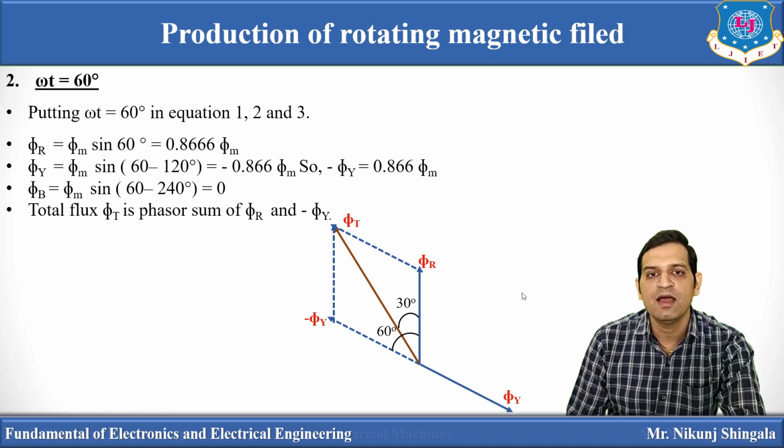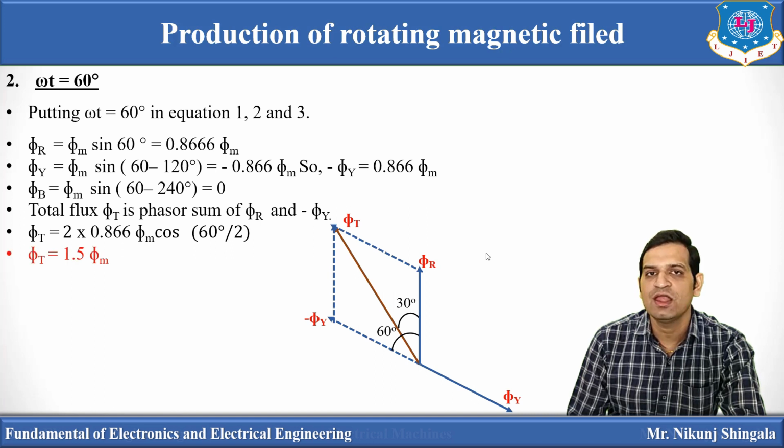Now the value of the resultant flux can be found using the parallelogram, where the diagonal is nothing but the resultant flux. So the value of the diagonal can be found using this equation. So resultant flux phi t is equal to 2 into 0.866 phi m cos 60 by 2, and the same value we are getting over here.